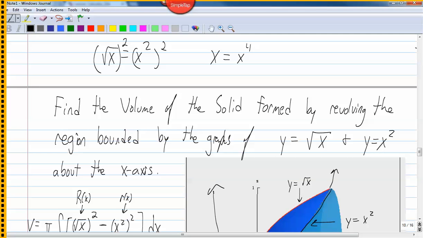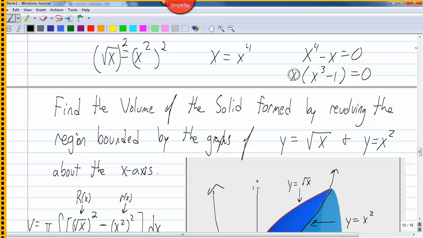Set everything equal to 0 and solve for x by using the zero product principle. So if I move this x over, I have x to the fourth minus x equals 0. How do I solve that? By factoring. Factor an x out, I'll have x times x cubed minus 1 equals 0. Set each factor equal to 0.